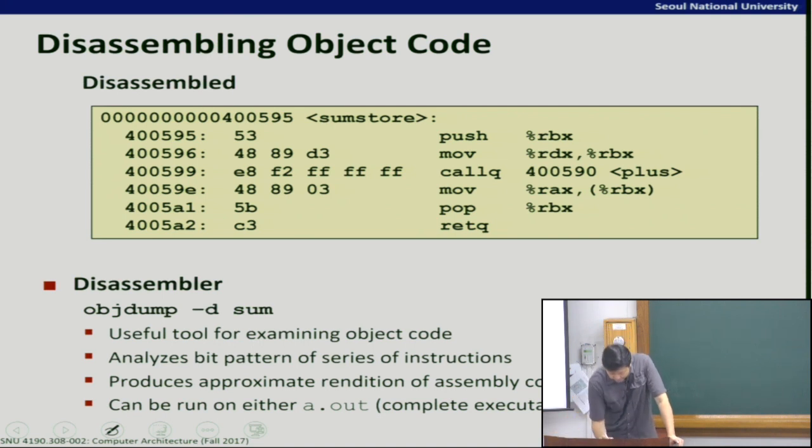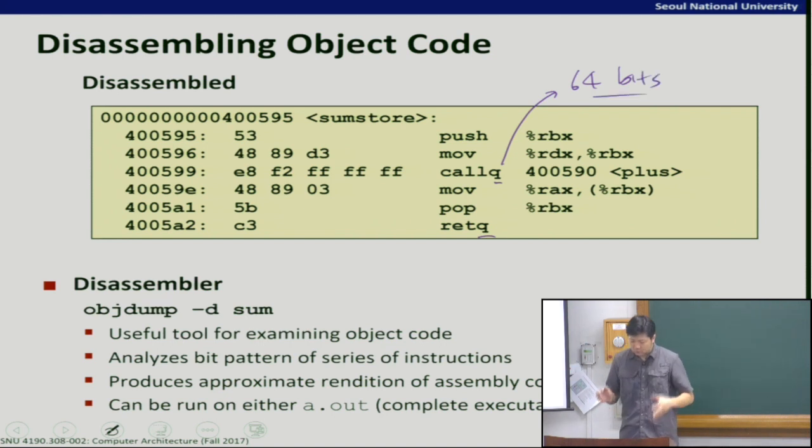By the way, this Q is a suffix, for legacy purposes. The Q means quad word, which is 64 bits. So this is the call instruction, the 64-bit version, and return is the same, also a 64-bit version.